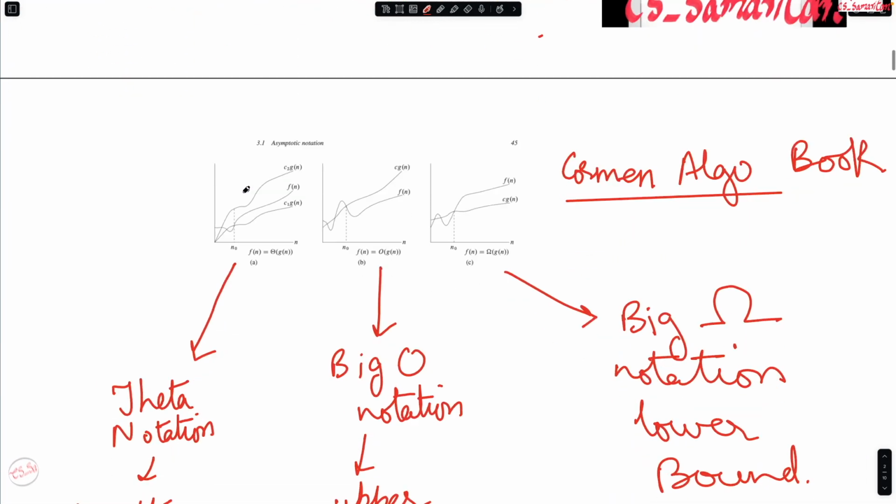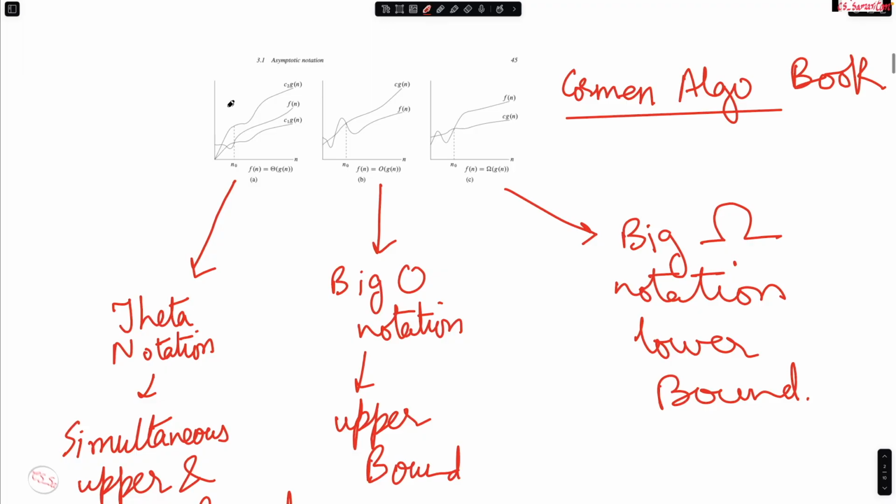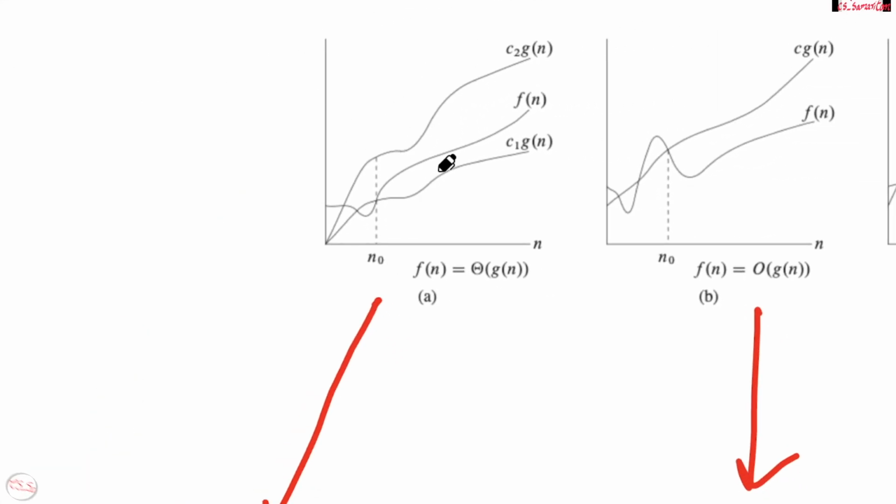So now what is theta notation? This is the graph I borrowed from the Cormen algorithms book. You must know about this. If this is f and that has been equated to some theta of g n, then three constants can exist: c1, c2 and n0.